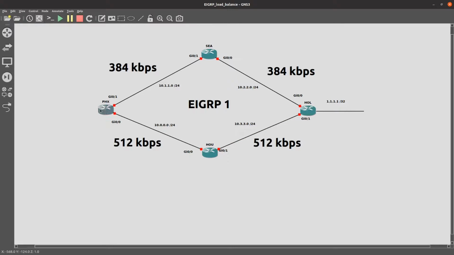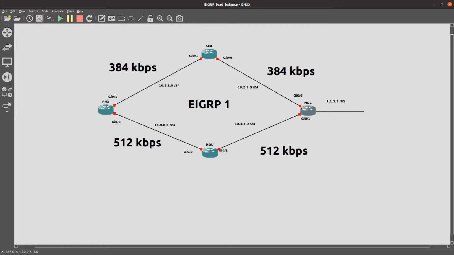The Phoenix router right here is going to have 2 different ways to get to this subnet, and this subnet. And we're actually going to tweak the metric by making these networks right here less than these.